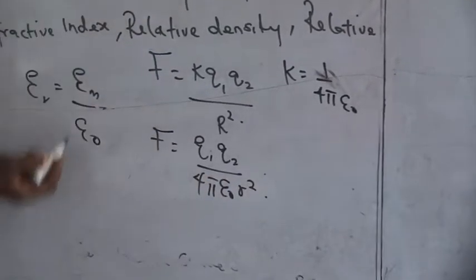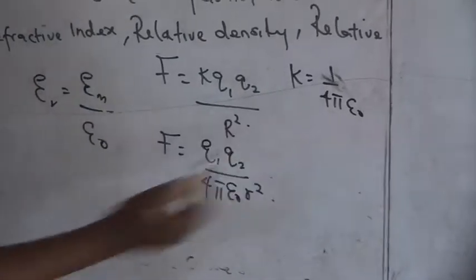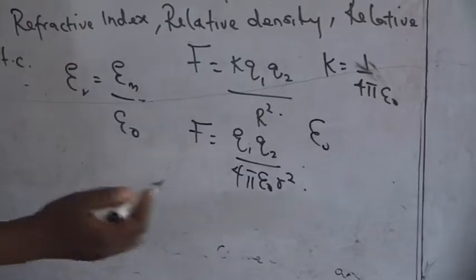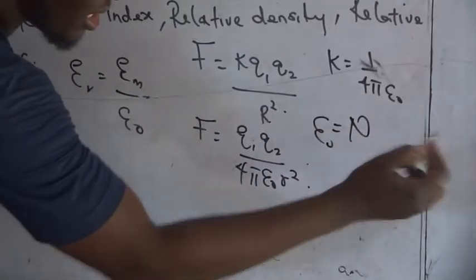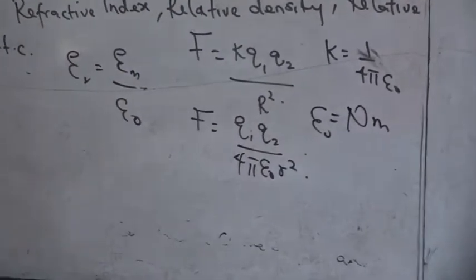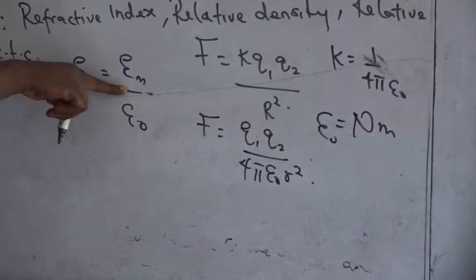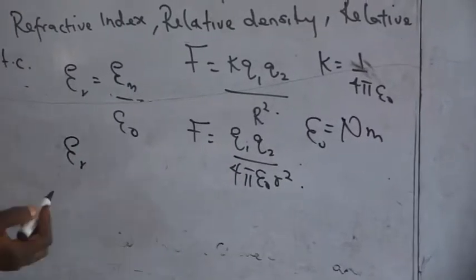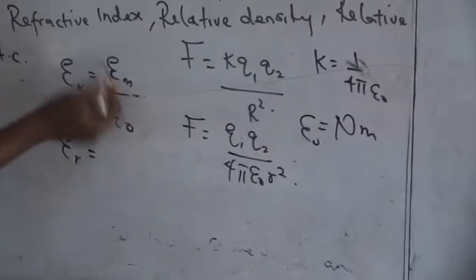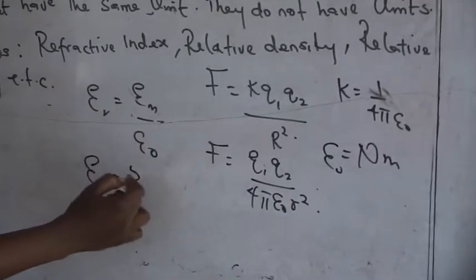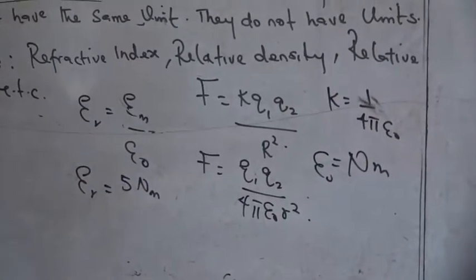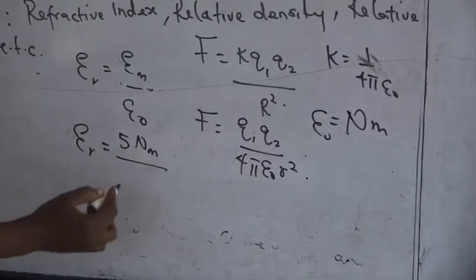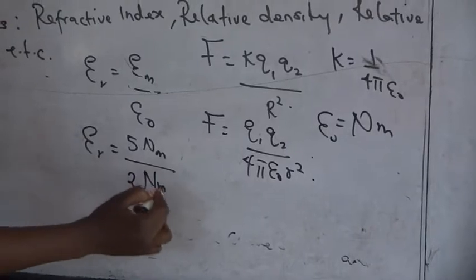Now, if it has units, let us assume for your stage now that the permittivity of free space has units of Newton meters. The permittivity of a medium also has the same kind of units. So for relative permittivity, let us say the permittivity of a medium is 5 Newton meters, and I'm just assuming the permittivity of free space is 2 Newton meters.